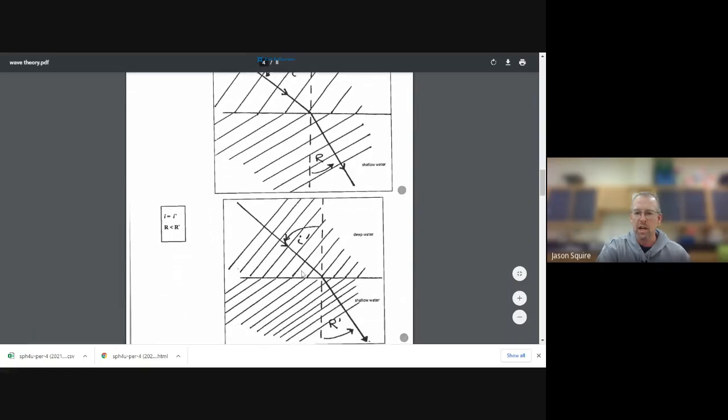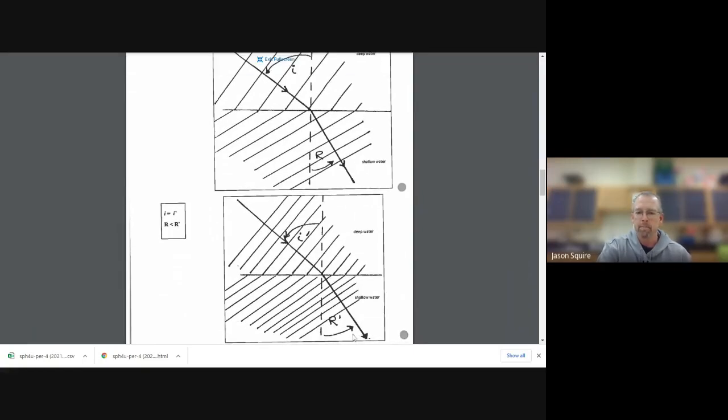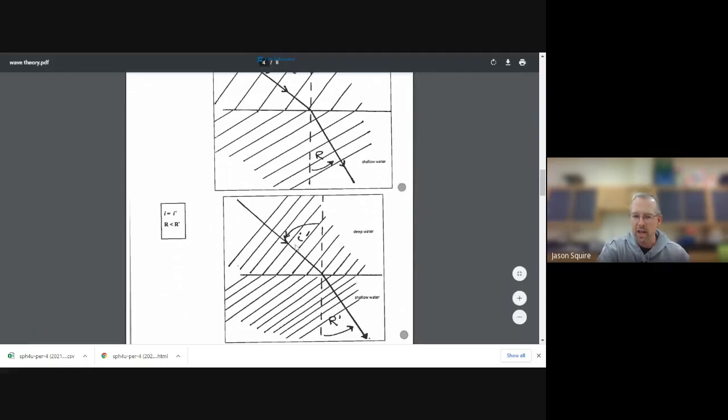But what you can see is that this angle of refraction is bigger than this angle of refraction. My angle of incidence is the same, but my angle of refraction is different. So what did I change?